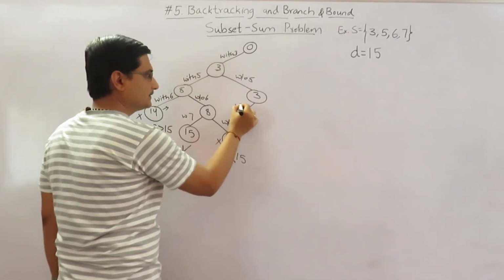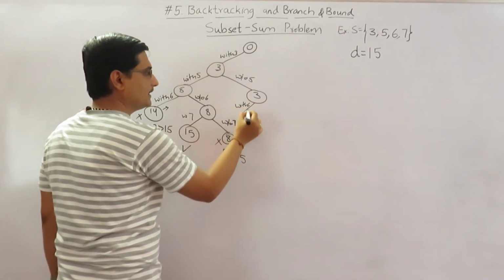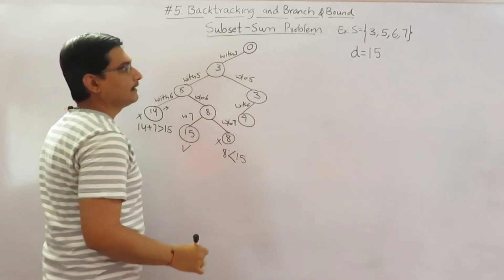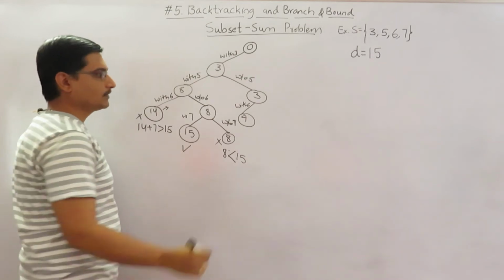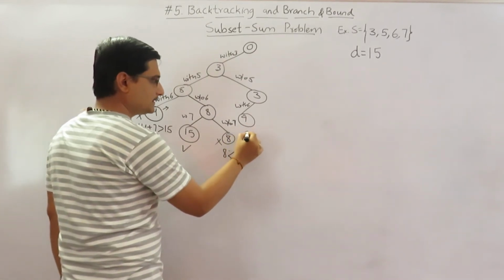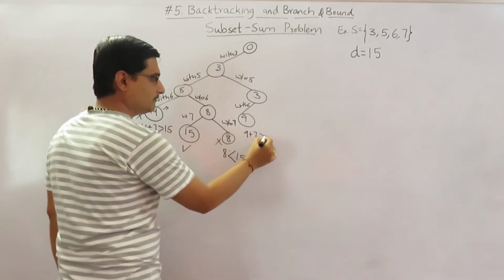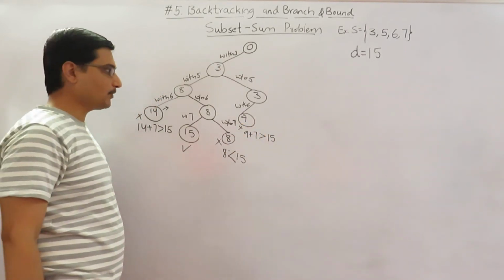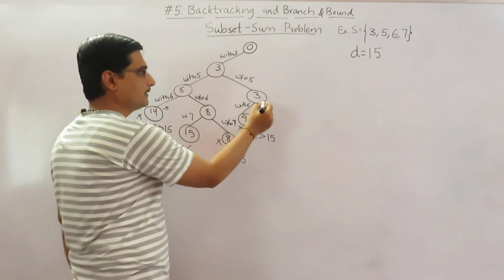With 6, 6 plus 3 is 9. Then with 7, 9 plus 7 will be greater than 15. So this is not a promising node. Again, we can go back.